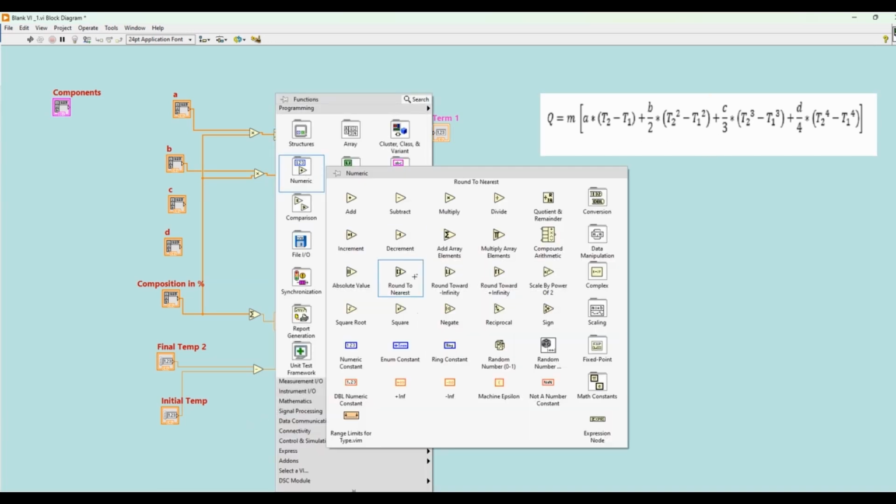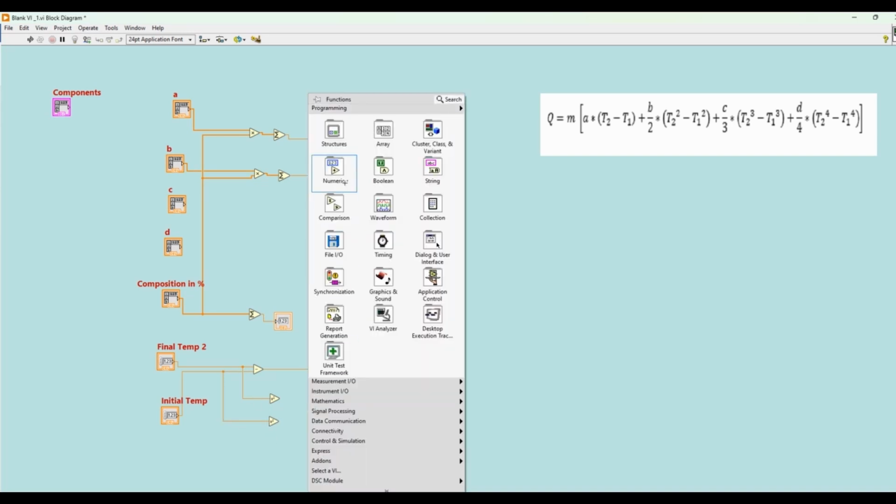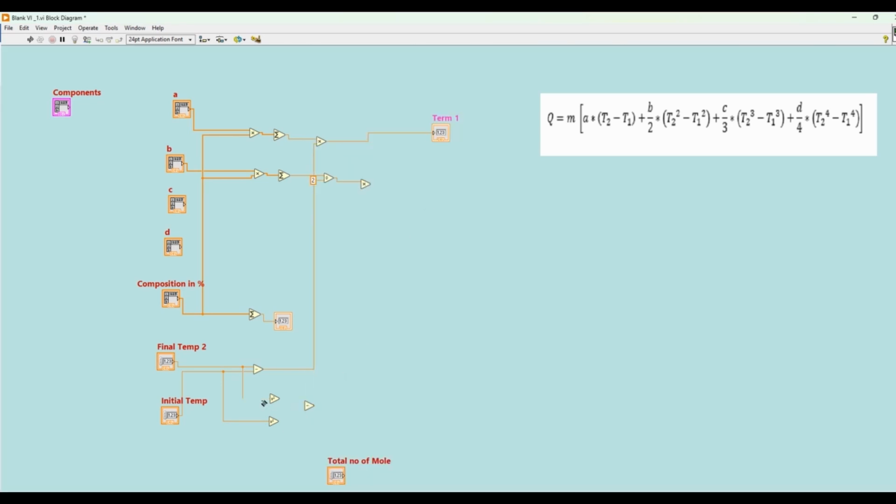Here we have to take the square of both T1 and T2. So this is your T2, this is your T1, and the subtraction of T2 and T1 squares is multiplied with your B by 2, and this gives term 2.